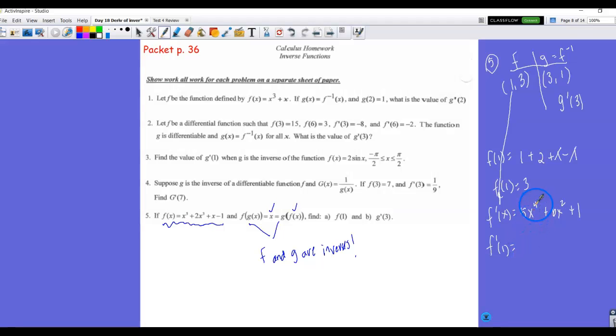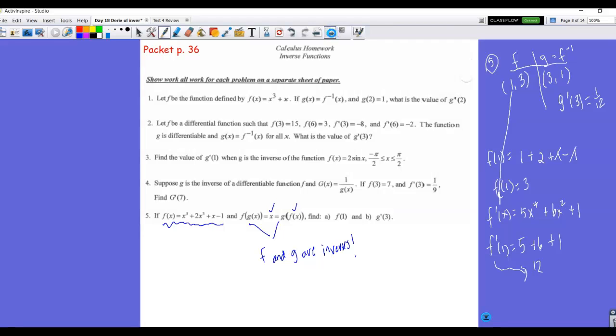So if I substitute 1 to the 4th is 1 times 5 is 5, 1 squared is 1 times 6 is 6, so 5 and 6 is 11 plus 1 is 12. So the derivative on the partner is 12. Partner points on inverse functions have reciprocal slopes, so the derivative on the partner would be 1/12.